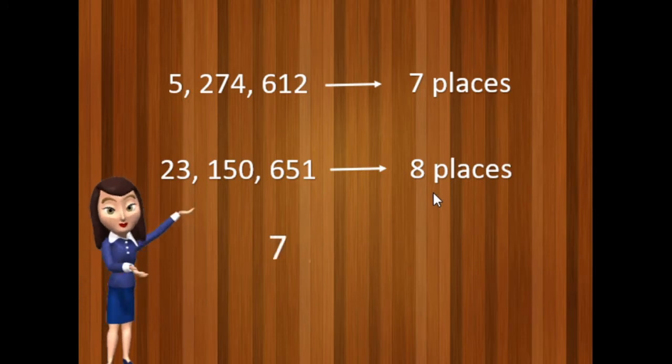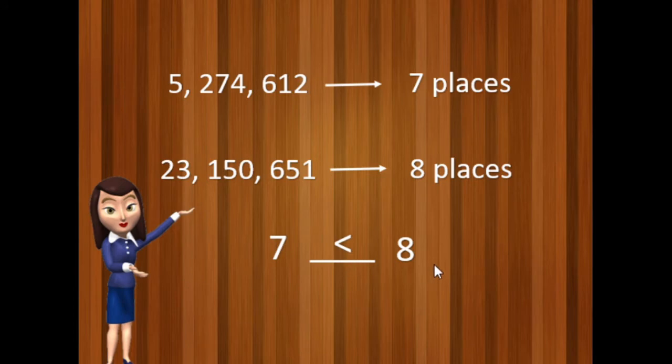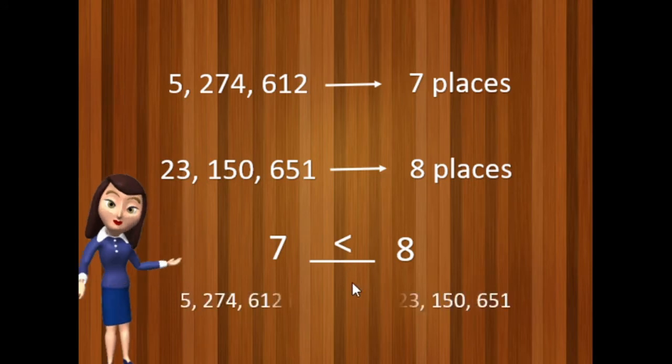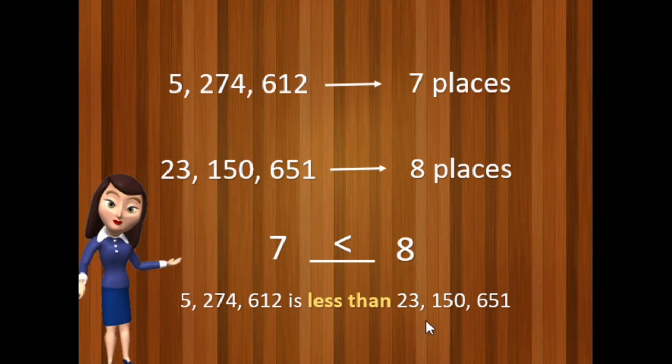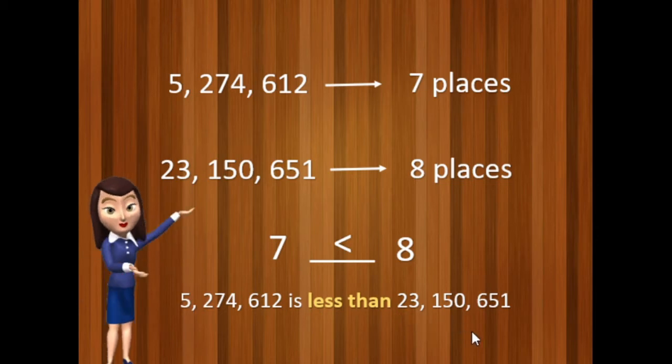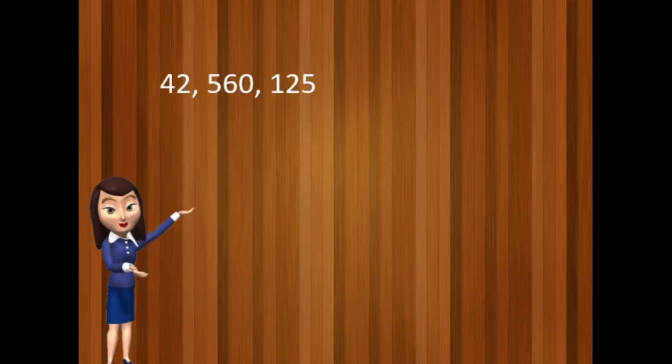That means if we compare 7 and 8, 7 is less than 8, which means 5,274,612 is less than 23,150,651. Or you can do the vice versa if you want.